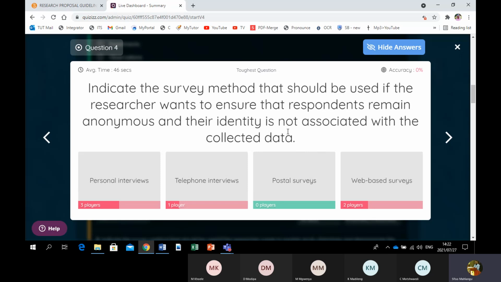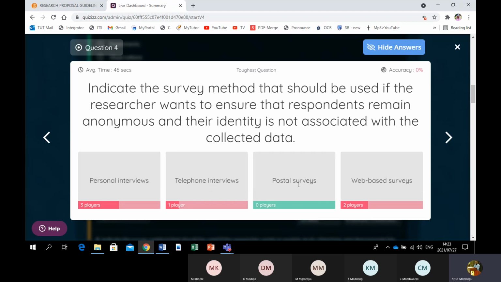For example, the respondents don't want to be known. They don't want their data to be known at all, who they are and so on. With personal interviews, 3 players chose that. With personal interviews, you'll have to meet with the interviewer. They will know me, and I don't want them to know me. Telephone interviews, they already have my number. It cannot guarantee my answers becoming anonymous.